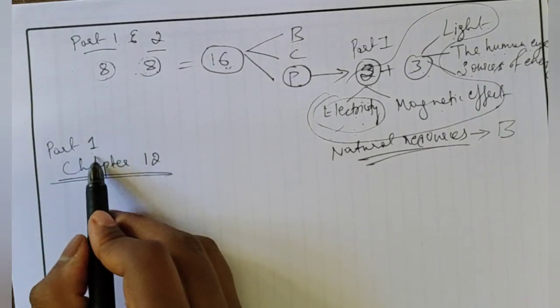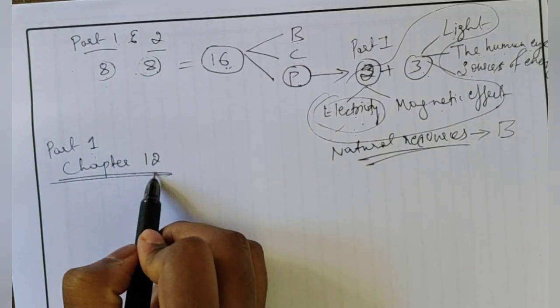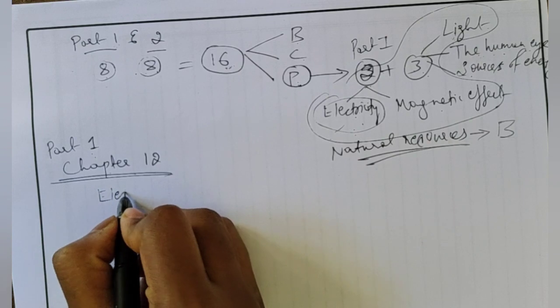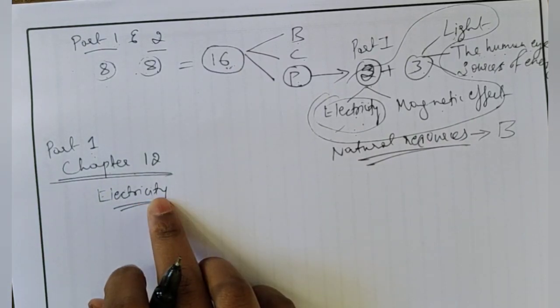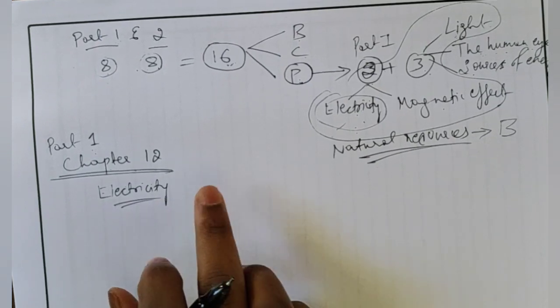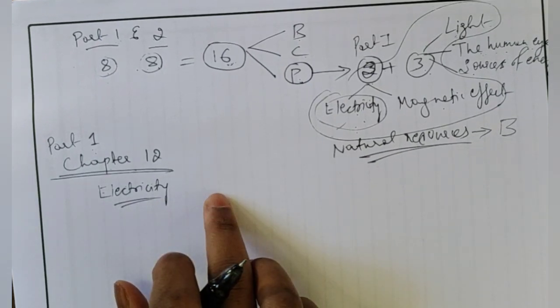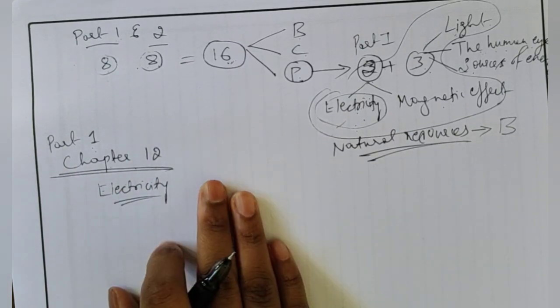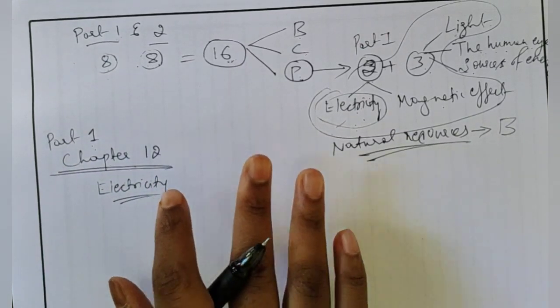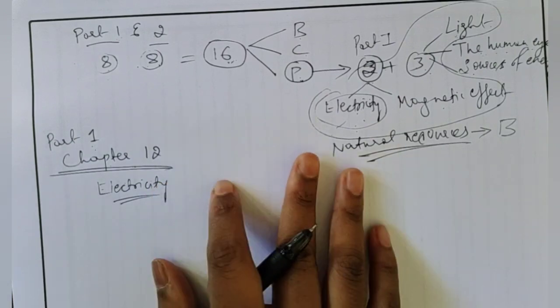This is from the part 1 book, that is chapter 12, which is electricity. You have already started learning this from your class 6th, 7th, 8th, 9th. You already know all the basic concepts; this is just a continuation of those concepts. Just to recall, in today's life, is it possible to live without electricity?